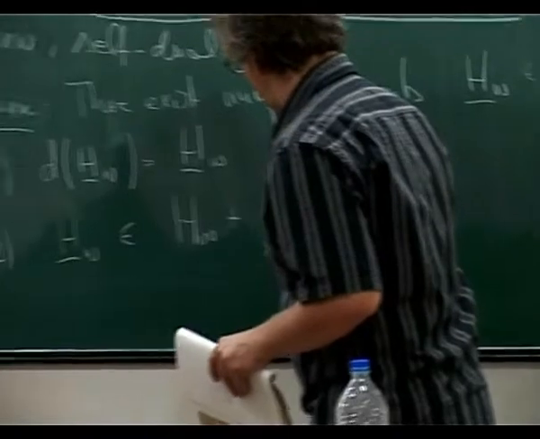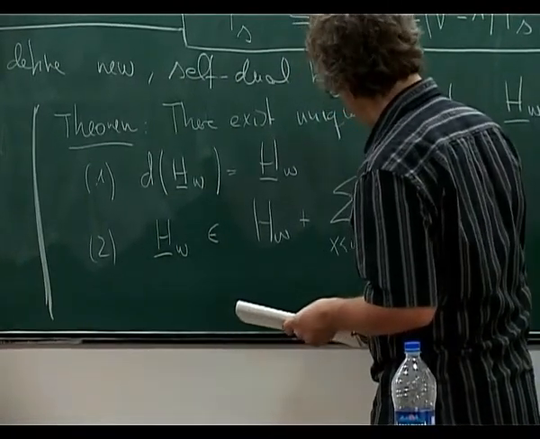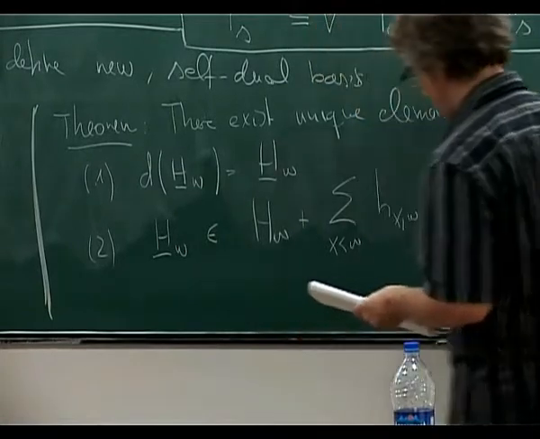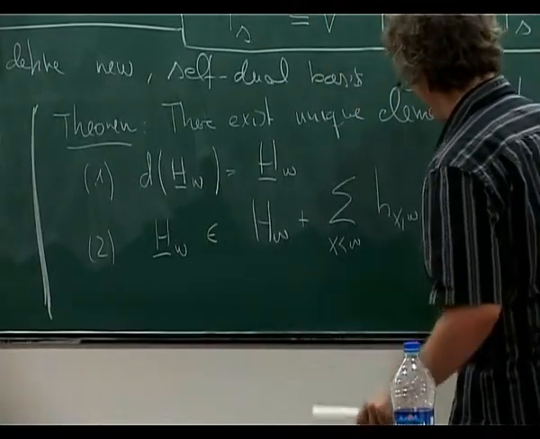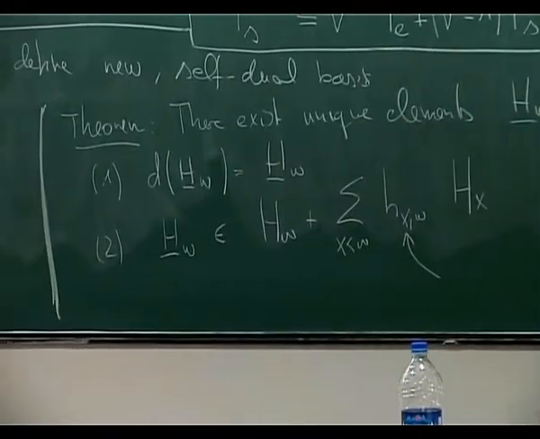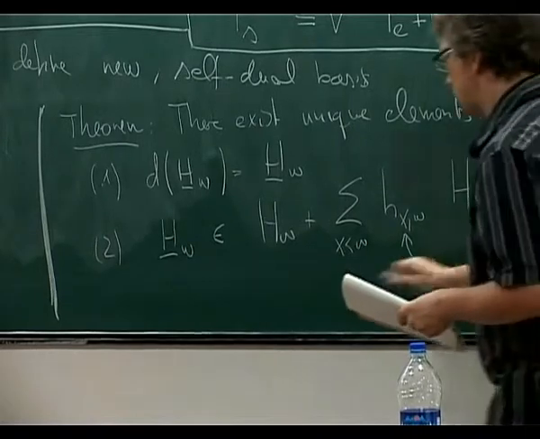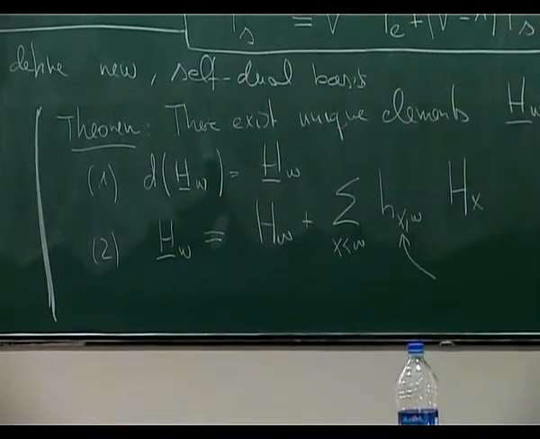So plus a sum over all x smaller than w, and then some polynomials, and these are the Kazhdan-Lusztig polynomials, times h_x. And it turns out that these polynomials, so that's not an element, so this is equal to this.